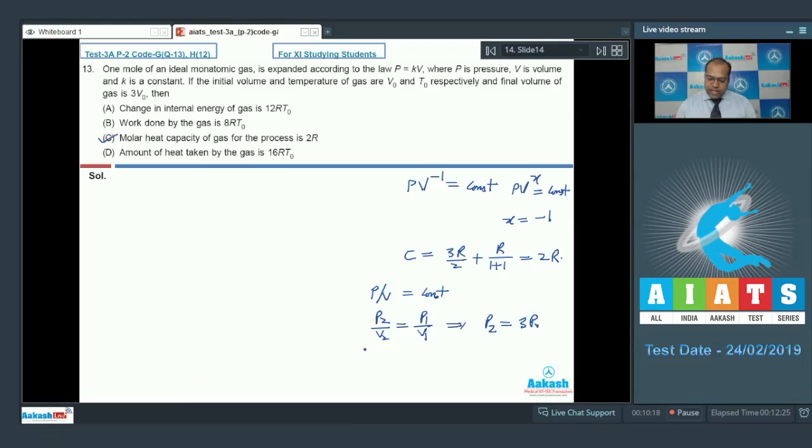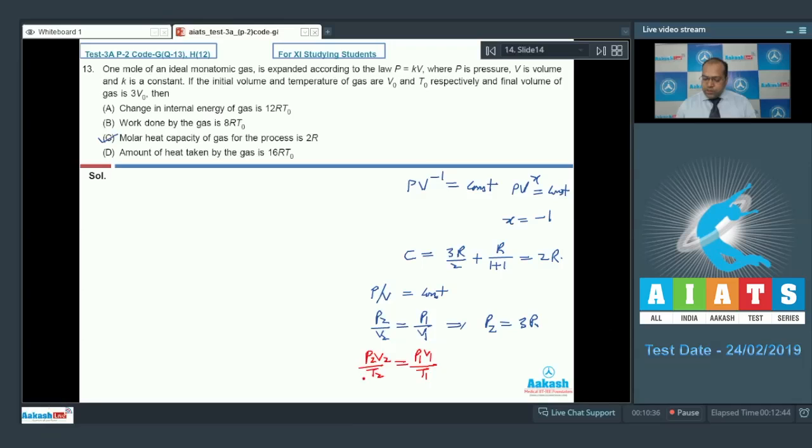And from the ideal gas equation, we know that PV is equal to nRT and n is constant. So PV by T is equal to constant, or we can say that P2 V2 by T2 is equal to P1 V1 by T1.